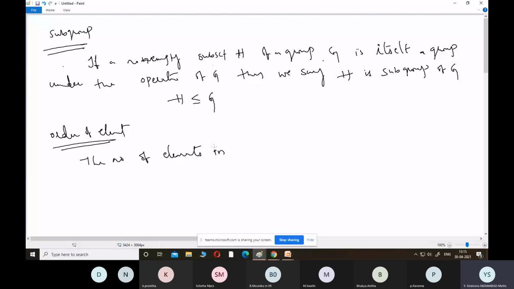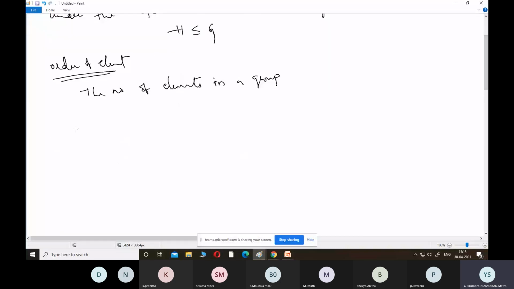For example, take Z7 under addition modulo 7. What are all the elements? 0, 1, 2, 3, 4, 5, 6.